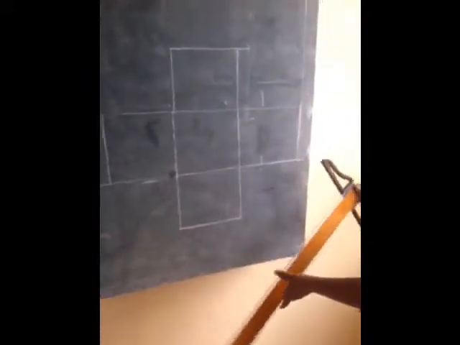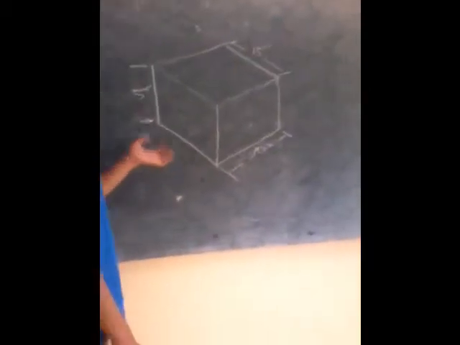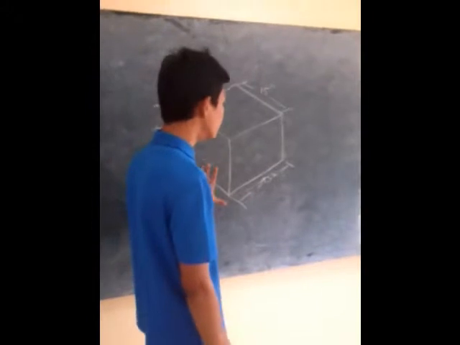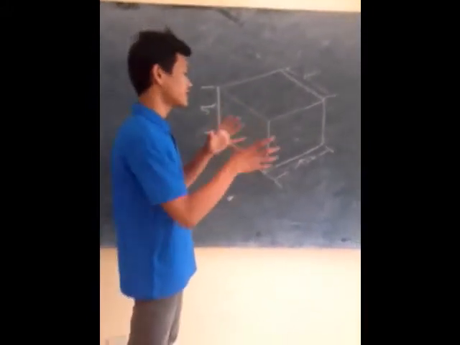So this is a 3D box made by Miss Jen. As you can see, this is a cube. And if we extract it, this is its form. So this is an example of six principal views.